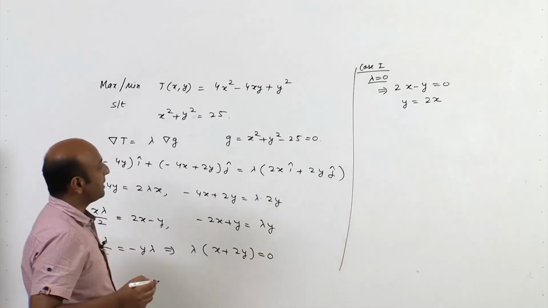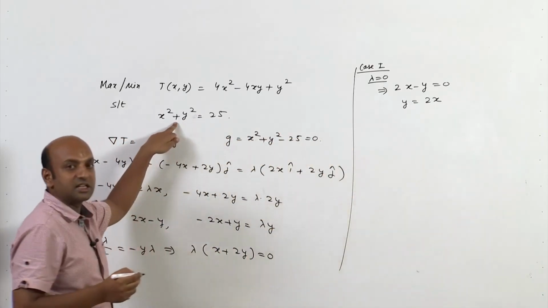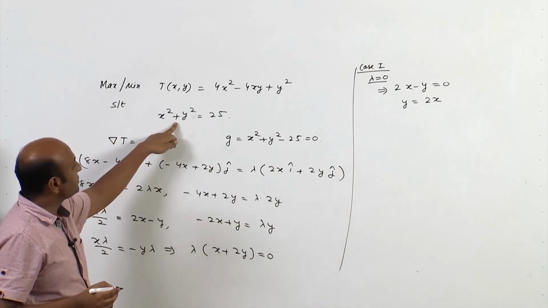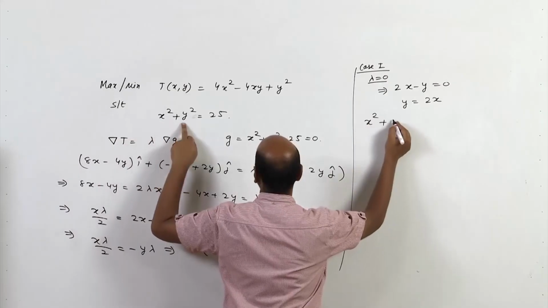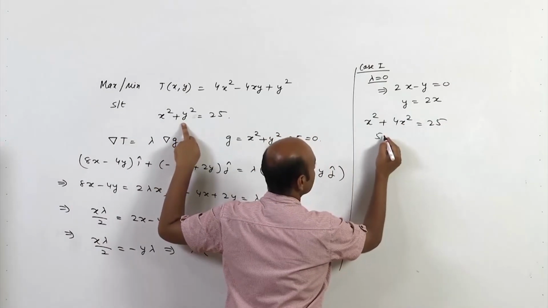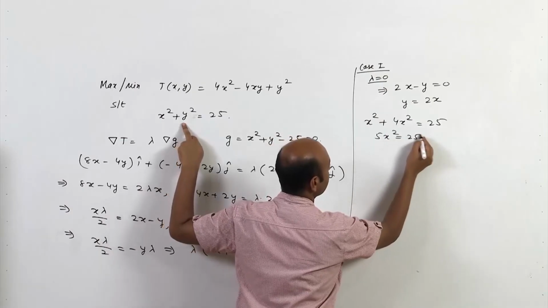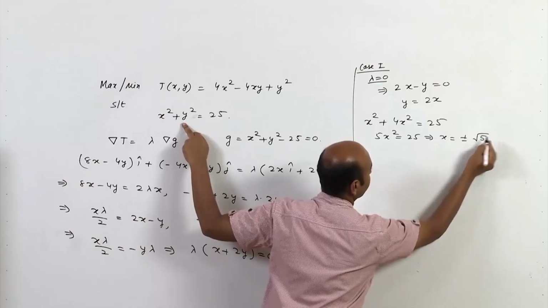Now, this x and y must satisfy the circle equation also, because the ant is moving on the circle. So, substitute y = 2x here: x² + 4x² = 25, so 5x² = 25, and this implies x = ±√5.